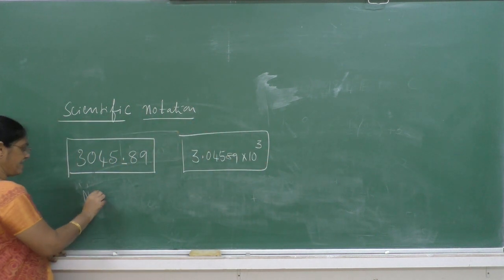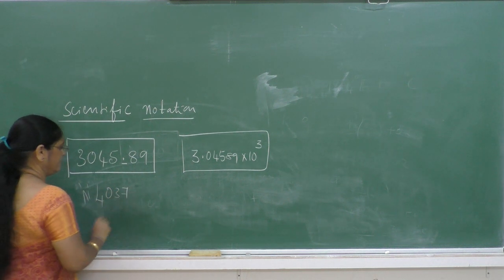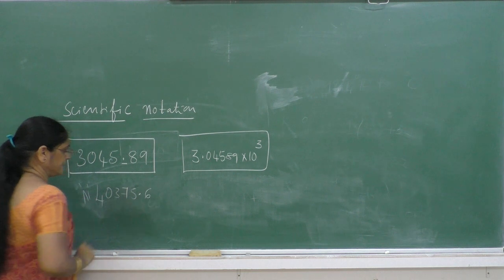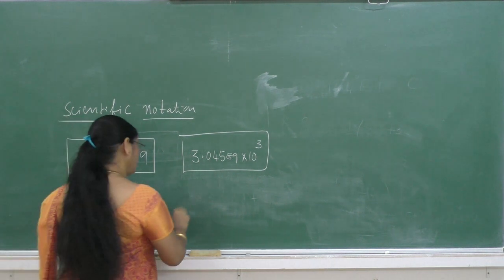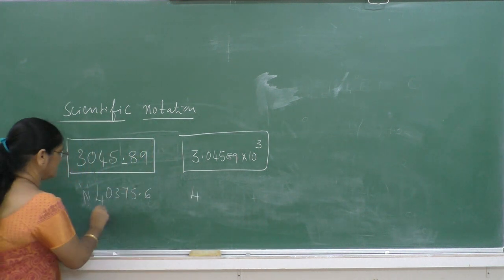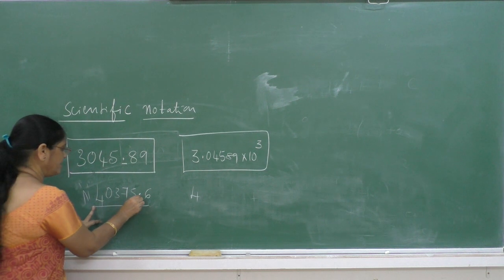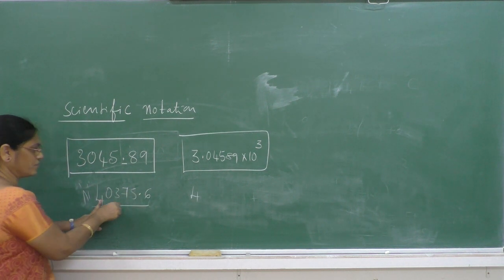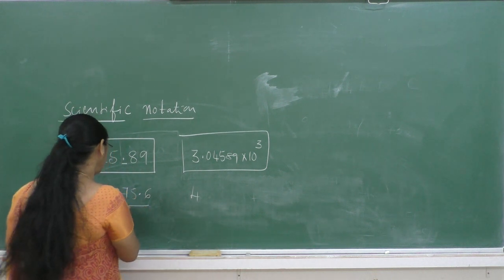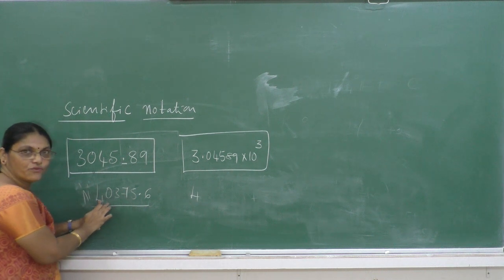So similarly, we can write 40375.6. So this in scientific notation becomes, here there are 1, 2, 3, 4, 5 digits. This point has to be moved to after 4. So how many places are moved? There are 4 places.